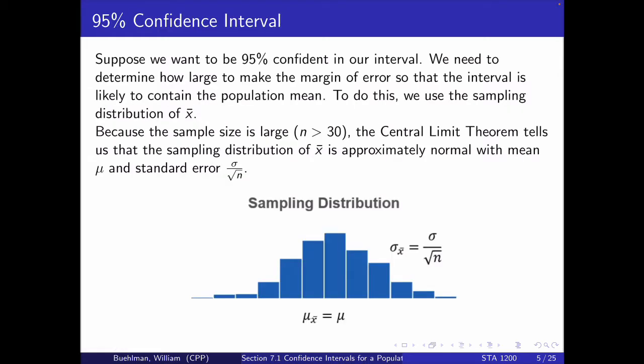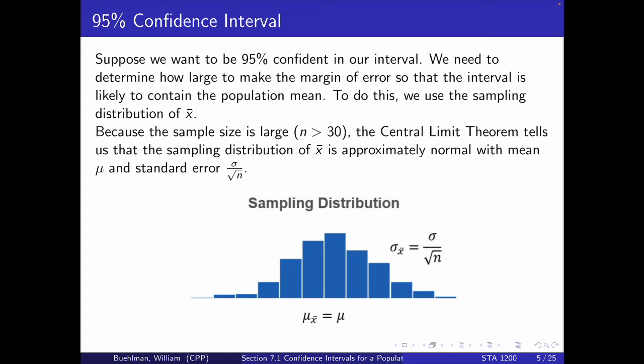Suppose we want to be 95% confident in our interval that we create. We need to determine how large to make the margin of error so that the interval is likely to contain the population mean. To do this, we use the sampling distribution of X bar. Because the sample size is large and is greater than 30, the central limit theorem tells us that the sampling distribution of the sample mean is approximately normal with a mean mu and standard error of sigma over the square root of n.